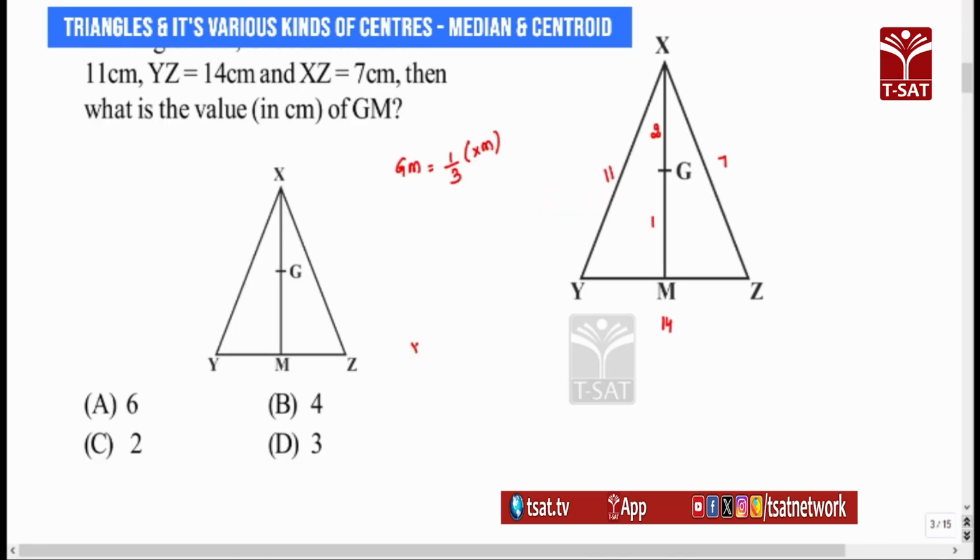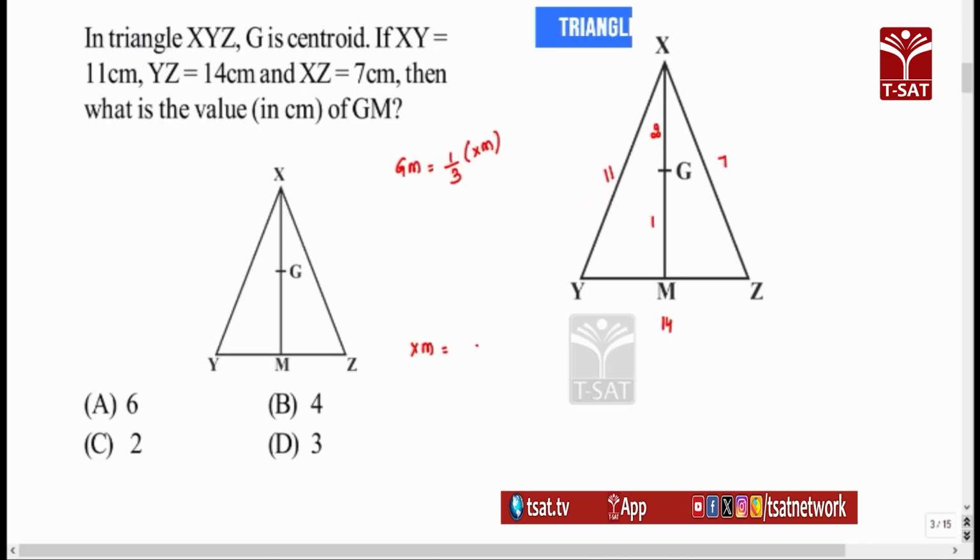XM is a median, which is half of the square root of 2 into 11 square, that is 242, plus 2 into 7 square, that is 98, minus 14 square, 196.